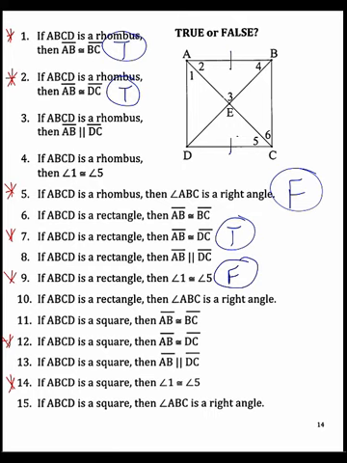Number 12, if ABCD is a square, then AB is congruent to DC. Well, just like a rectangle, those opposite sides are going to be the same, so that's true. Number 14, if ABCD is a square, then angle 1 is congruent to angle 5. Now here it's different. Again, angle 1 has to be congruent to angle 6, but a square has all the properties of a rhombus.